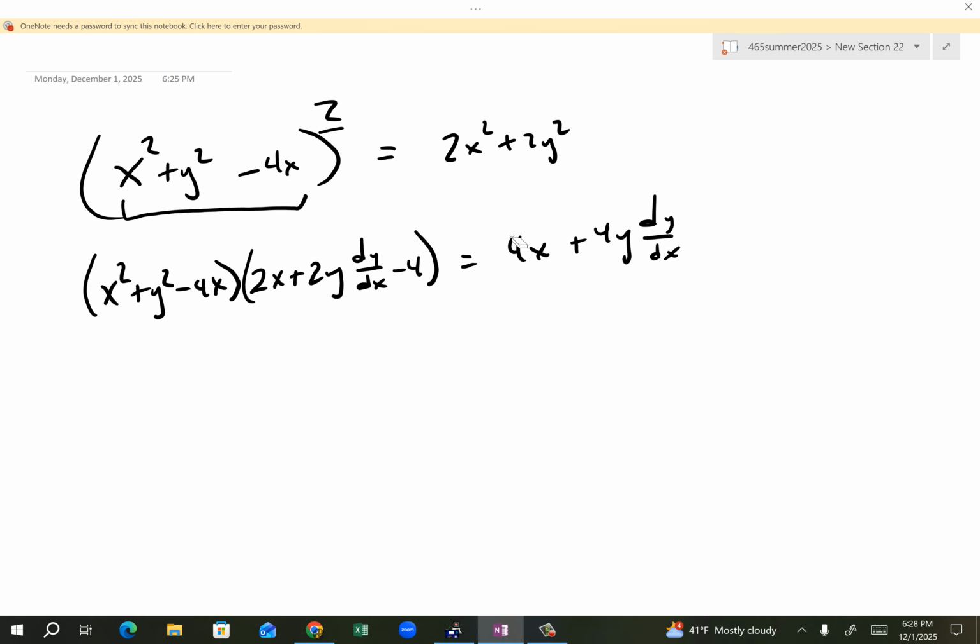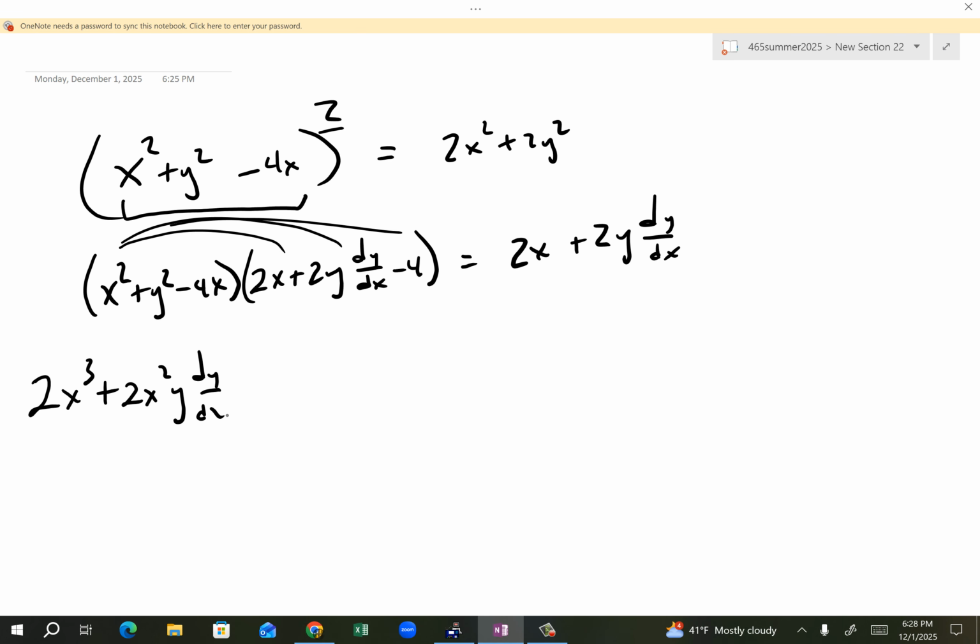First thing I'm going to do is lose that 2. Make that a 2. I'm going to make this a 2, because I can. All right, let's do this thing. If I take this and I FOIL it out, what will I get? Well, I will get 2x cubed plus 2x squared y dy/dx minus 4x squared.